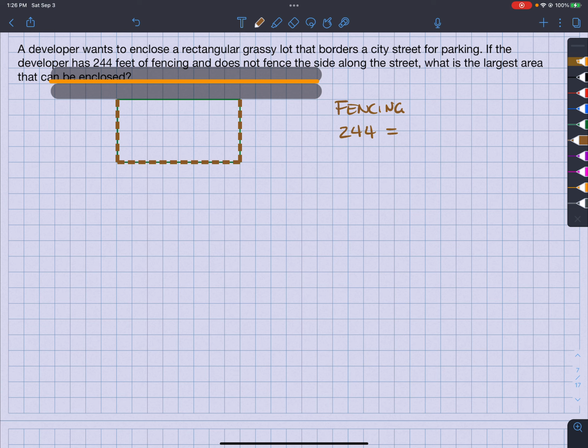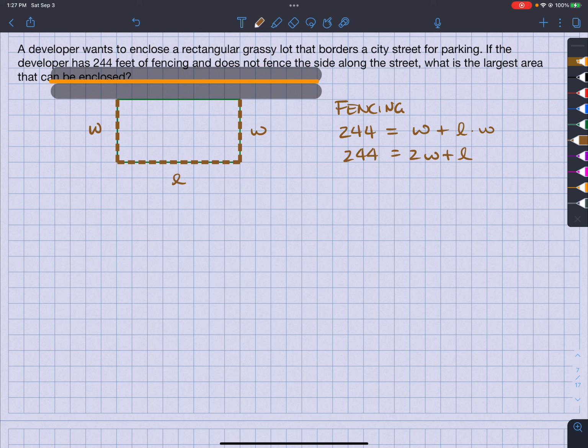Let's call this the width and this the length, and this is the width. So my 244 feet of fencing is going to cover the width, the length, and the width. So 244 is going to equal 2W plus L, 2 of the width plus the length.